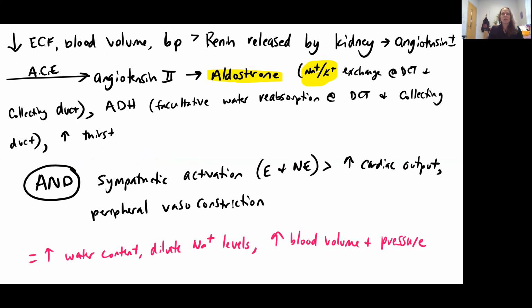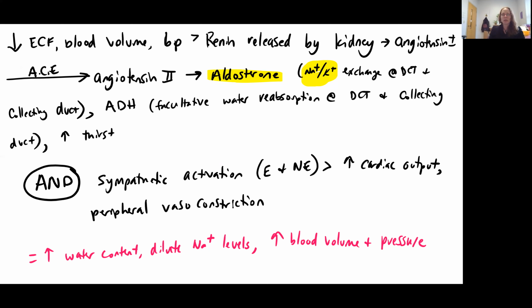You're going to see that the kidney will release renin, which is going to activate angiotensin 1, which is converted with the help of angiotensin converting enzyme into angiotensin 2. Angiotensin 2 is going to release aldosterone, which is going to turn on the sodium-potassium exchange pump at the DCT and the collecting duct.